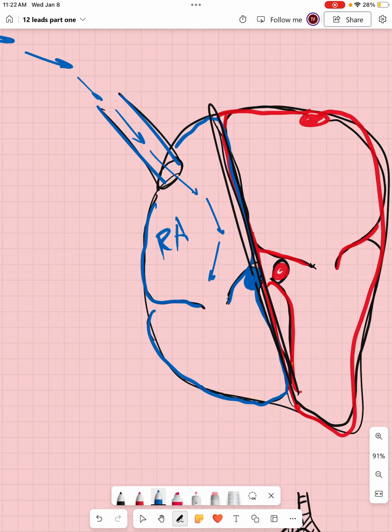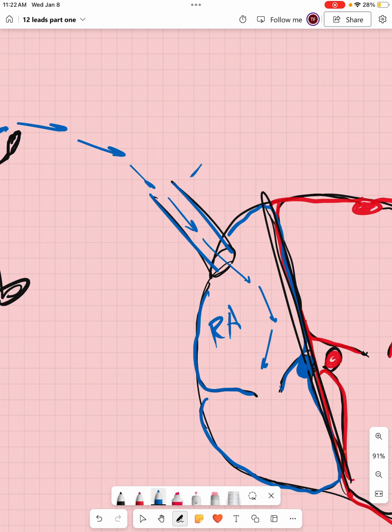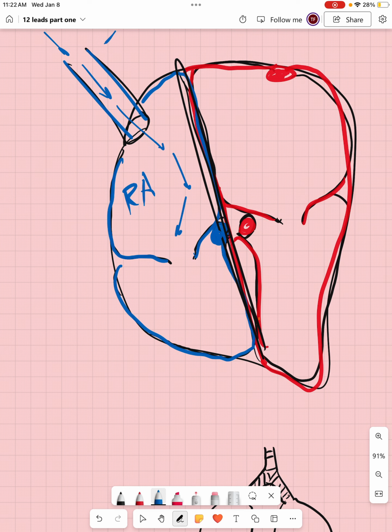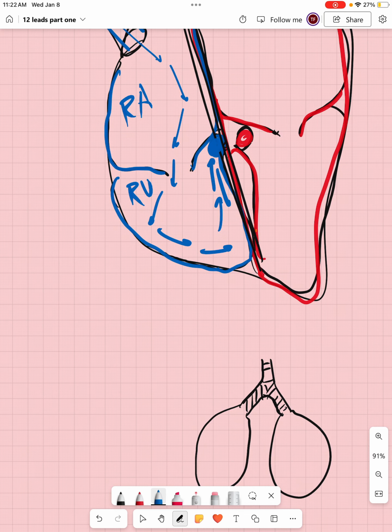And so they are going to do that by supplying the right atrium through the vena cava, the largest vein in the body, and that's going to descend into the right atrium. From there, that blood is descending further to our right ventricle, where it ends up going to this kind of blue circle here. That is annotating our pulmonary artery.